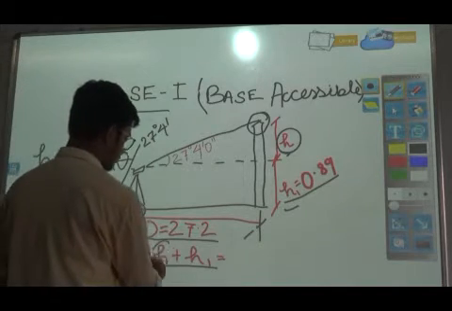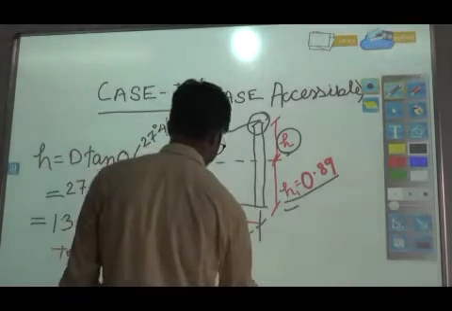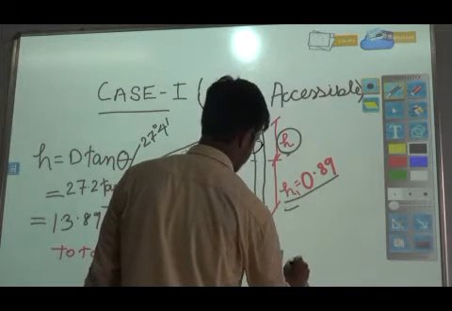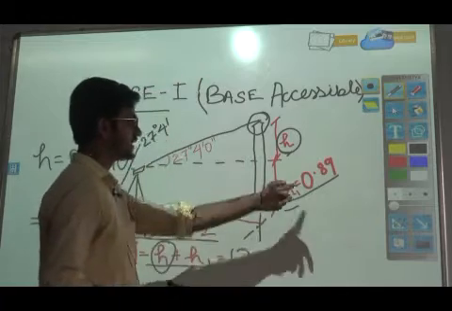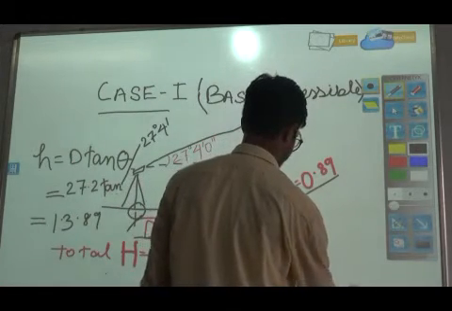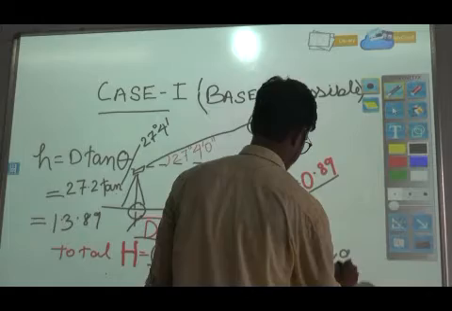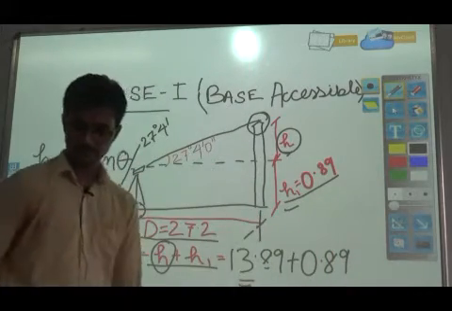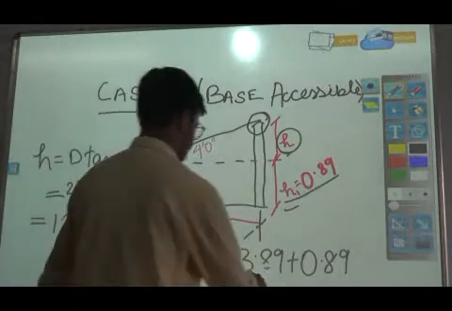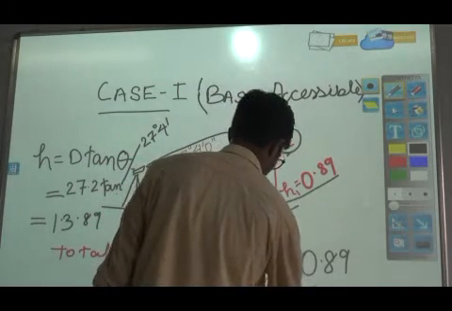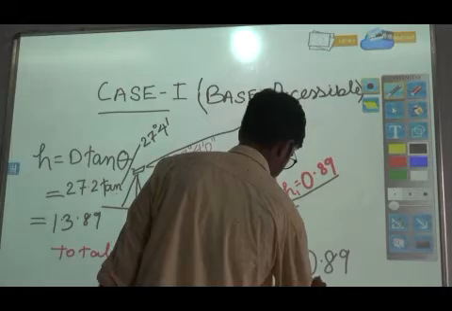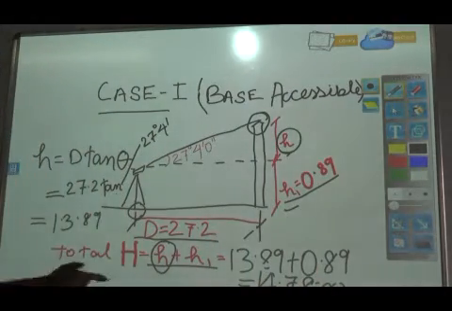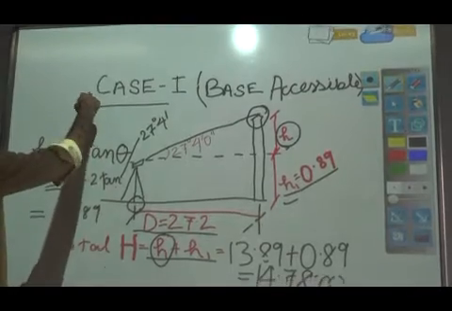This h is calculated over here, that is 13.89, plus h1 will be added, h1 that is 0.89. Calculating this, we get the value of 14.78 meter, that is the required height of the building. So here we complete the case 1 procedure.